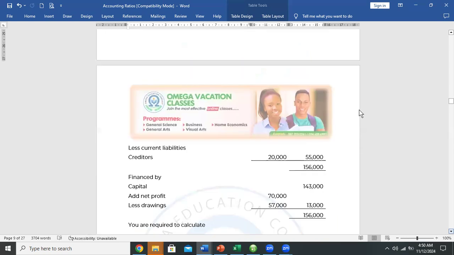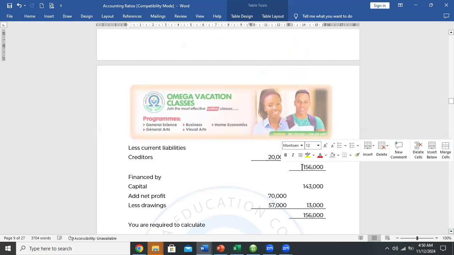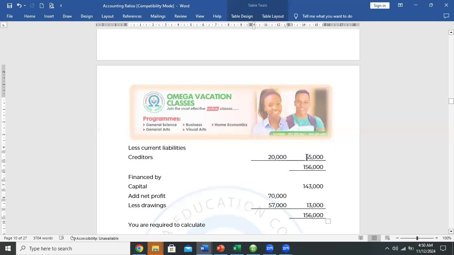So actually, if your balance sheet is presented in this form, that is the balancing figure, right? Because here you have your total fixed asset plus your working capital, which is the same as total asset minus current liabilities. 156,000.